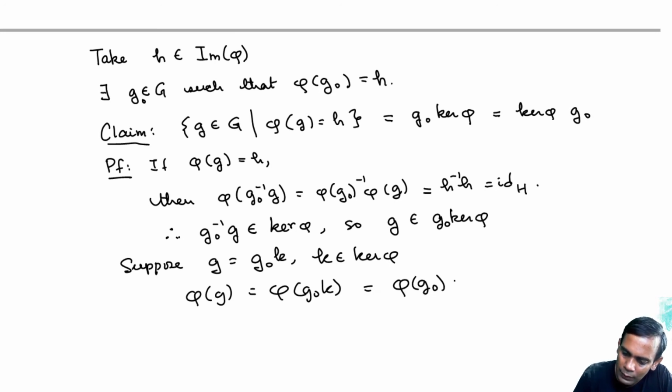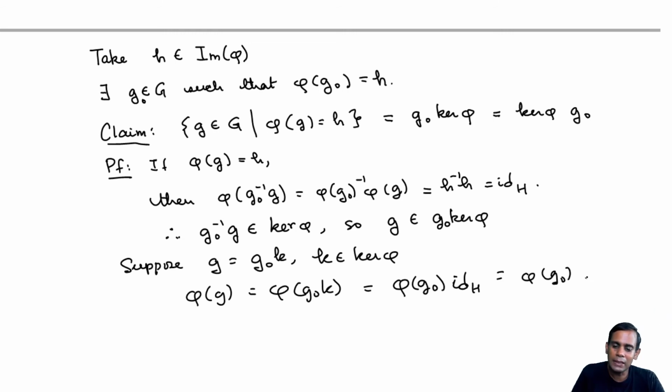Well, phi of k is 1, the identity of H. So that's just phi of g0. So this is pretty straightforward. What we see is that when you have a homomorphism, its kernel is a very special kind of subgroup. Its left cosets are also its right cosets.